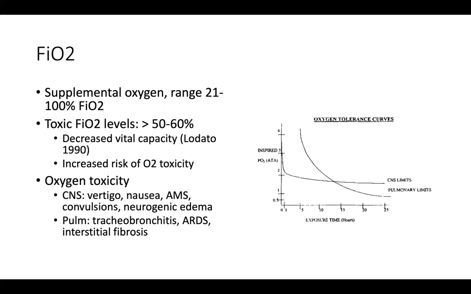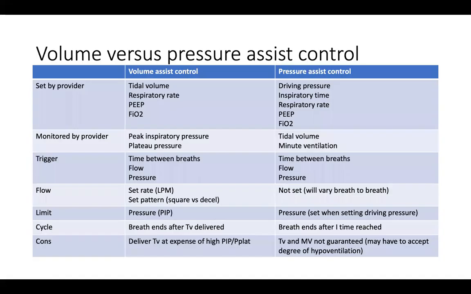And so often when we turn the vent on, we'll just start it at an FiO2 of 100%, but we should be dialing that back down to not over-oxygenate our patients. Essentially, oxygen is an unstable molecule, and so you can have free radical formation, which can produce a lot of damage to your tissues. And there can also be non-free radical mediated damage just through hyperoxia affecting cellular metabolism.